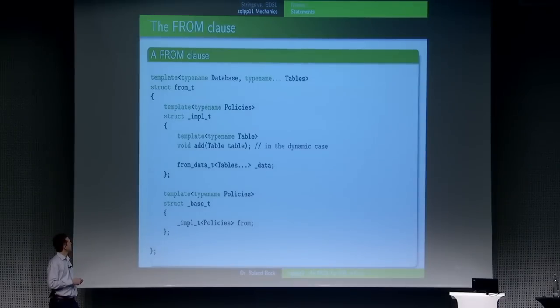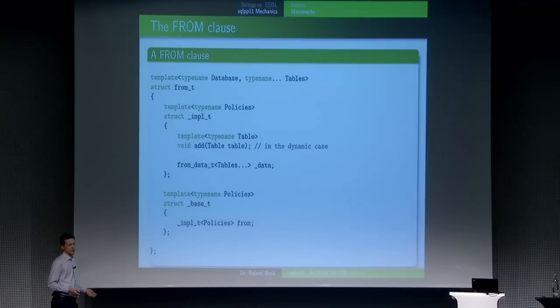It has some from data in some class, whatever you want to name it. And the base T, so the thing from which we inherit, just contains this from data, right?